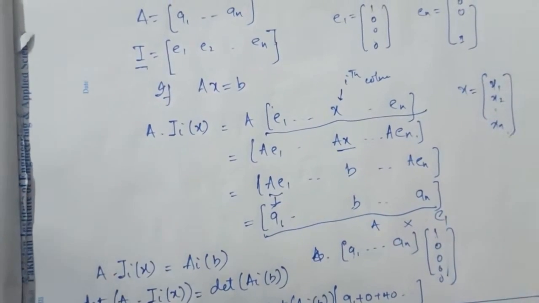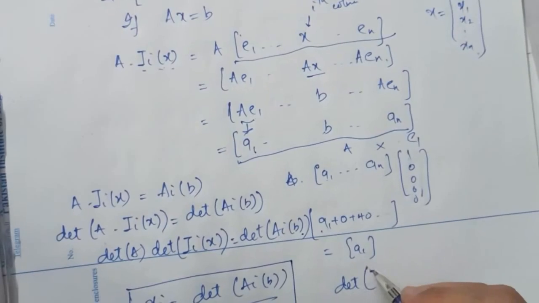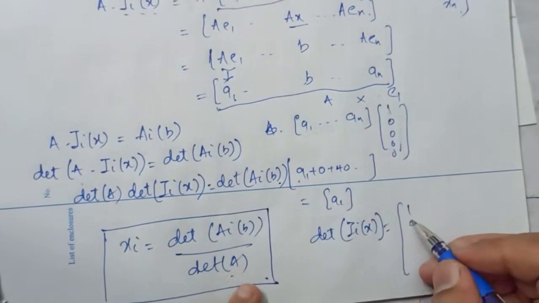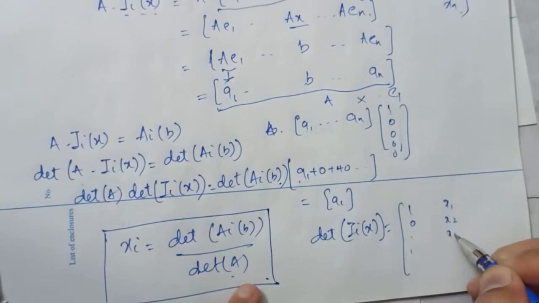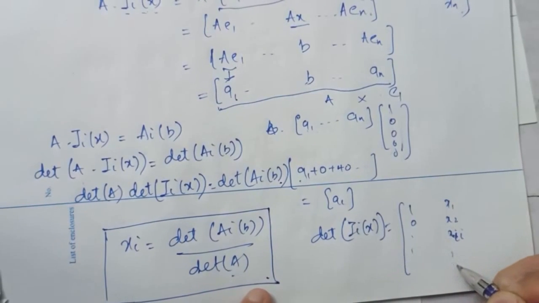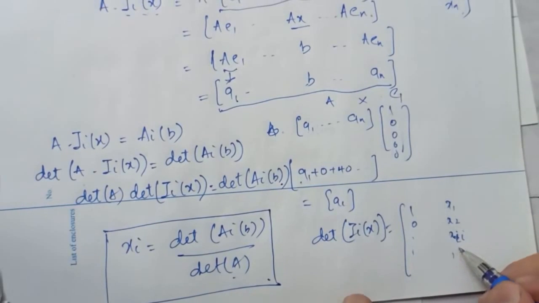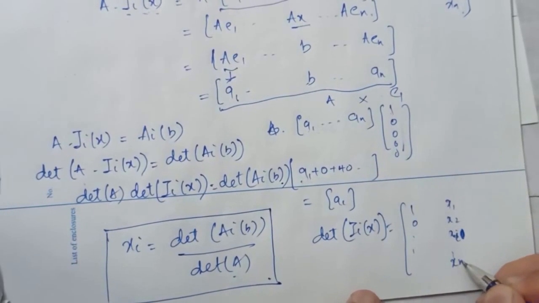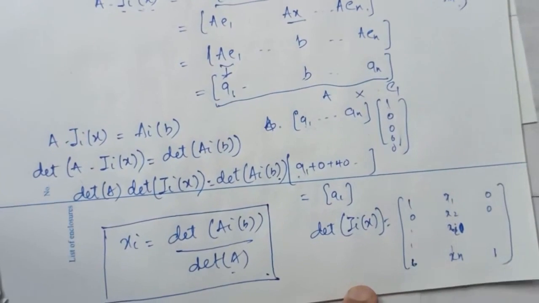Remember this determinant of I of x will be, if I write this, 1, 0, 0, and let's say the ith column here is x1, x2, x3, and somewhere between will be xi, and that will be xn, and the rest will be 0, and this is 1 here.